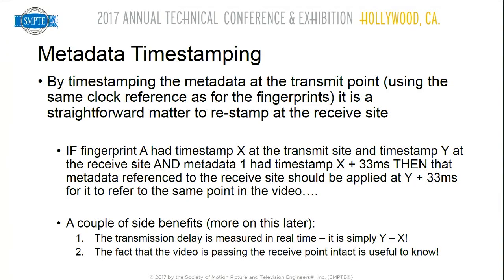We know that 33 milliseconds after that same fingerprint occurs, we need to reapply this metadata. Understanding the transmission delay is what allows us to extract metadata at the beginning and reapply it downstream. We also happen to know that the video passes intact and gets there safely, which is an added benefit.